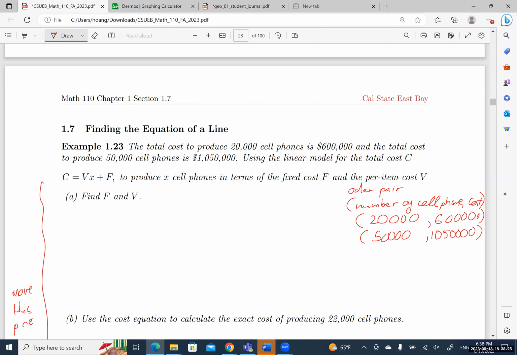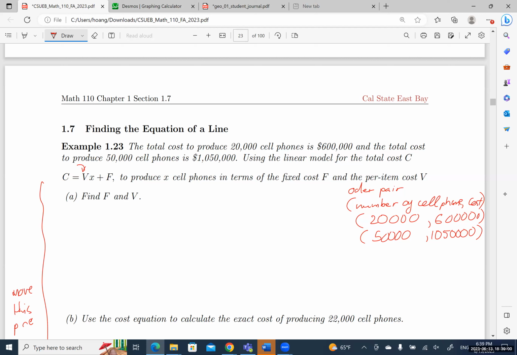Fixed cost is labeled F, and per unit cost is labeled V. So keep in mind that we need to find the slope. As you see right now, in slope intercept form, the V here is actually the slope, or the variable per unit cost is actually the slope.